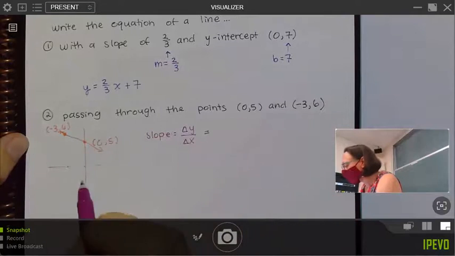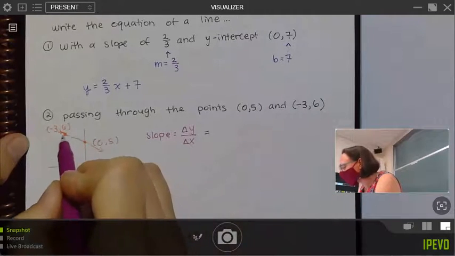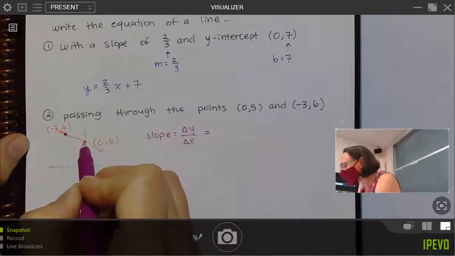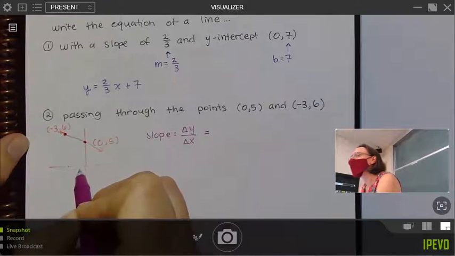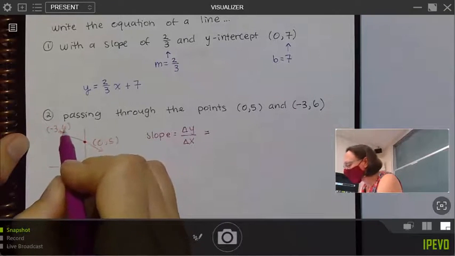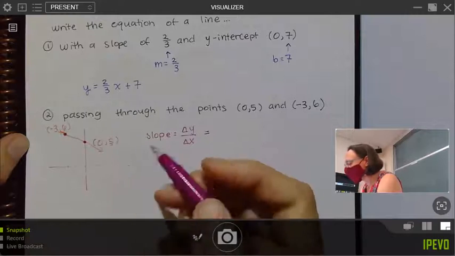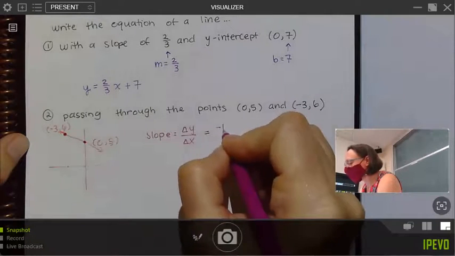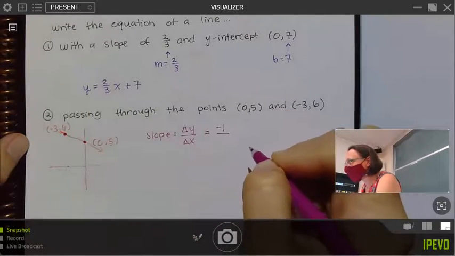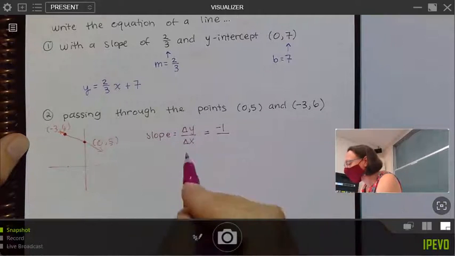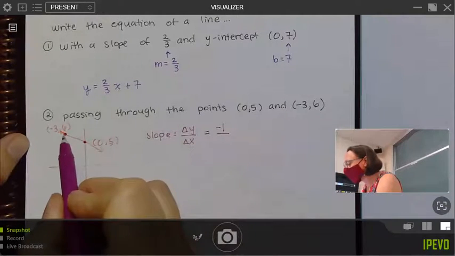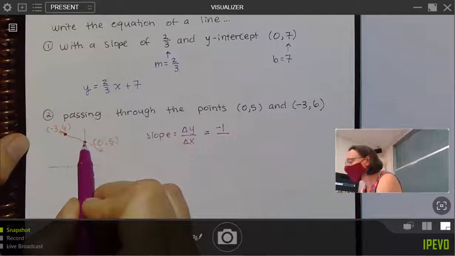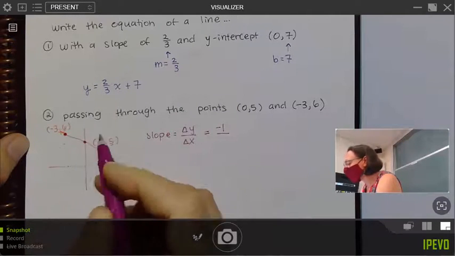If I have them graphed, as I move from this point to this point, how much did my y value change? I went from 6 to 5, which is a change of -1. On my x values, I went from -3 to 0, which is a change of 3.